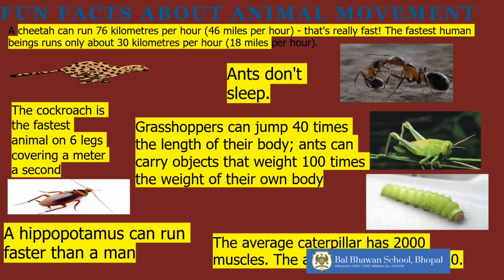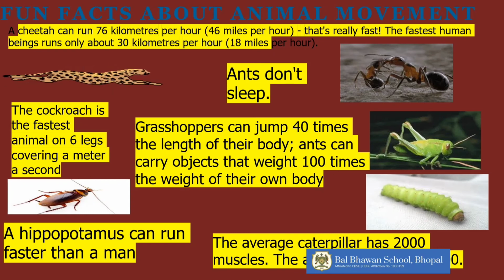Okay children, now let us study some fun facts about animals. Do you know that a cheetah can run 76 kilometers per hour? That is very fast, the fastest running animal on earth. Now coming to ants, do you know that ants never sleep?